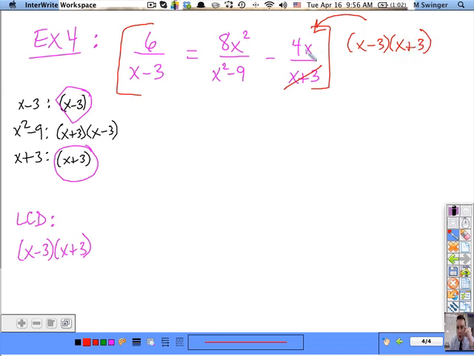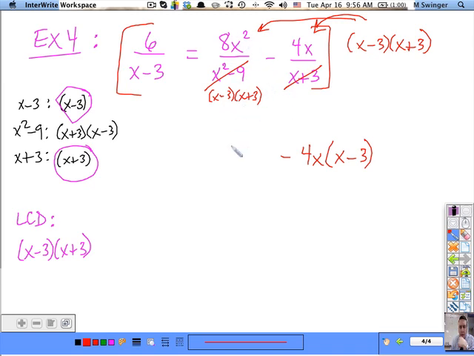You're left with 4x times x minus 3. So I'll rewrite that: 4x, x minus 3. This times this: x squared minus 9 will cancel, because really that's x minus 3, x plus 3. That whole thing cancels with this whole thing. Cancel, cancel, gone.